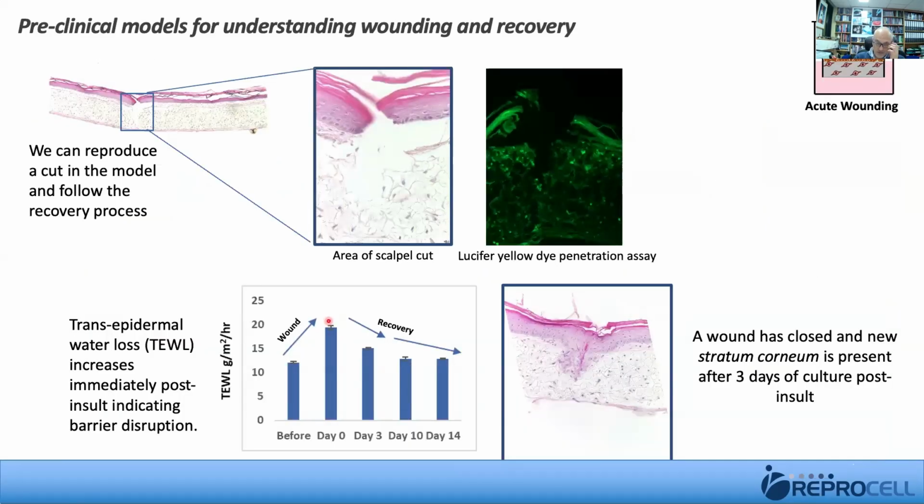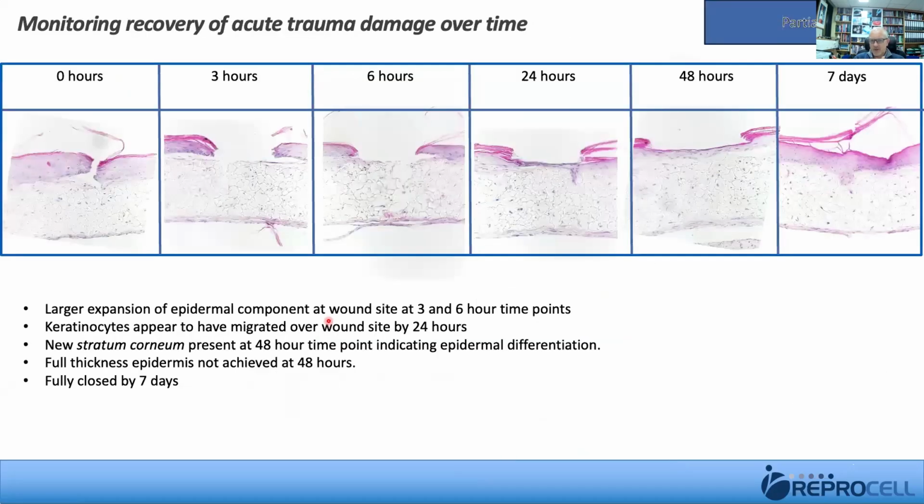Some of these injuries can be just partial, just through the epidermis, often mimicking a nick by a razor, for example. And these are, as they are small injuries, they tend to repair relatively quickly over a week or so. And you can follow that quite nicely.